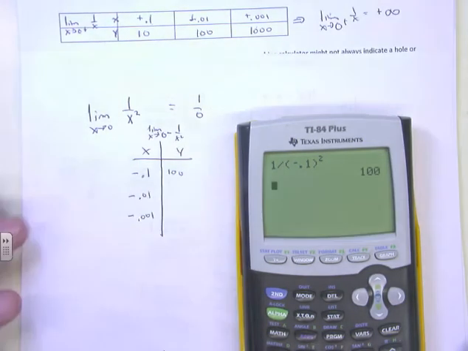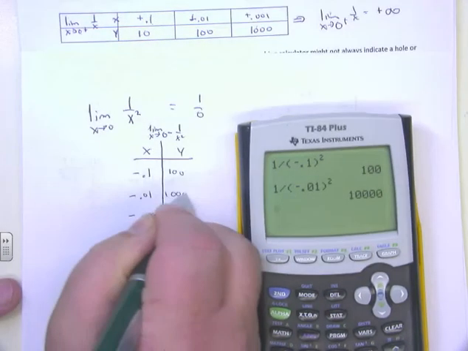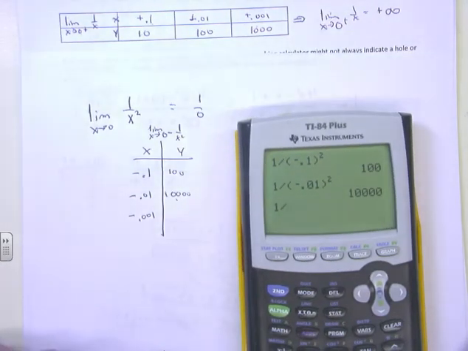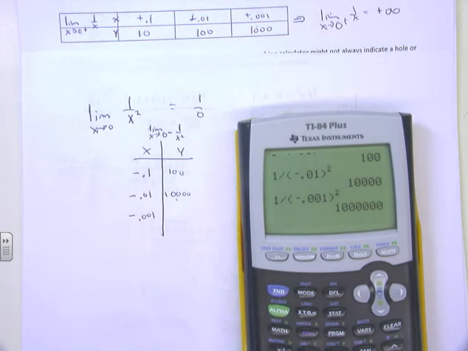I get 100. Now what's 1 divided by parentheses negative 0.01 quantity squared? What do you get there? 10,000. And 1 divided by parentheses negative 0.001 squared. What do you get there? 1 million.